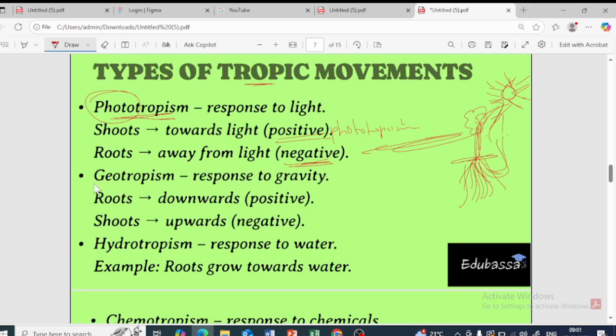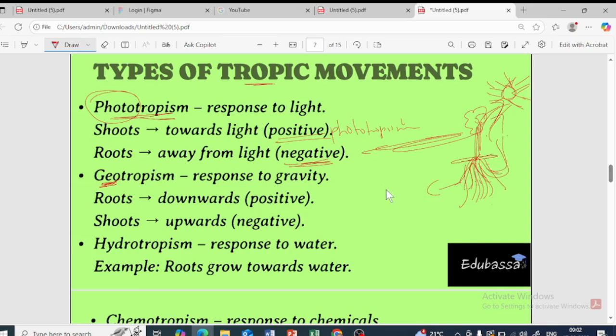Geo in the sense gravity, towards the earth. The shoot part of the plant obviously doesn't grow towards the earth, isn't it? It grows towards the sunlight, whereas the root part grows towards the earth, in response to gravity.